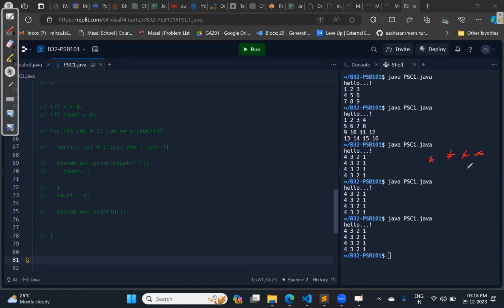This Z pattern you need to print. I don't know whether it looks like Z or not for you, but it is Z. So this is your homework. Will you do it? Yes, no, maybe.